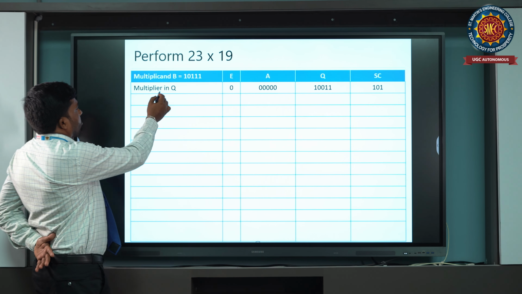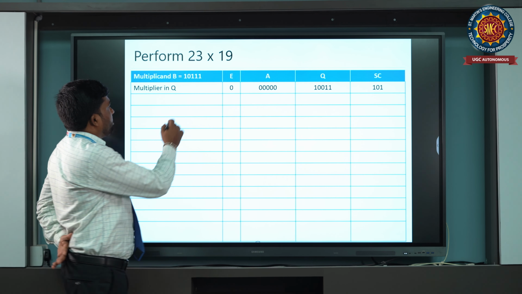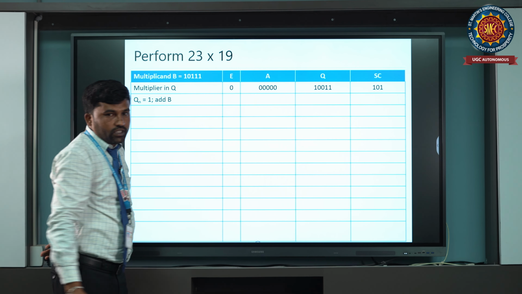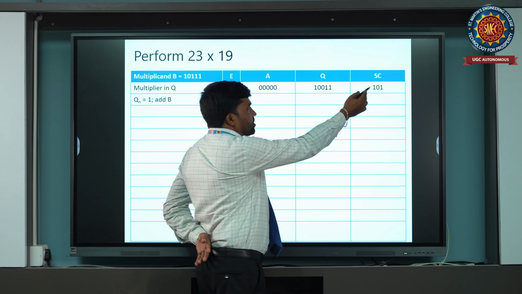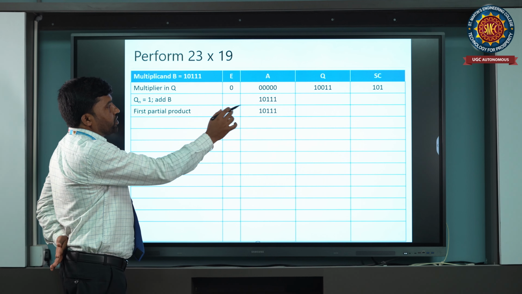So here, see here, the multiplicand is stored as 1011, the multiplier is stored in the Q register, and A is always 0 at the initial stage, E also 0. The sequence counter is how many bits? 5, so 5 iterations will go on here. The sequence counter is 5.